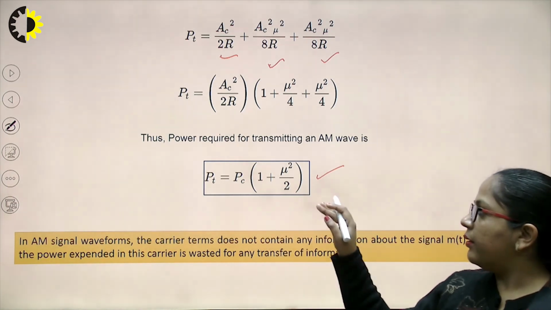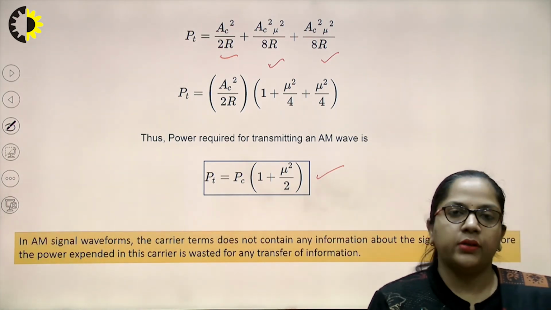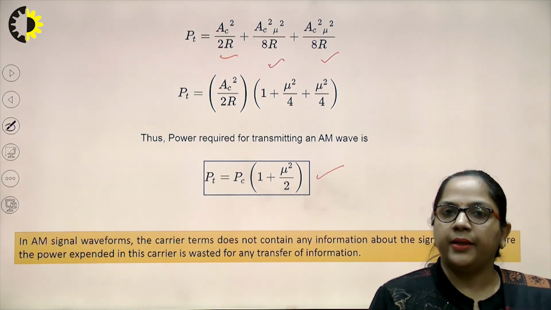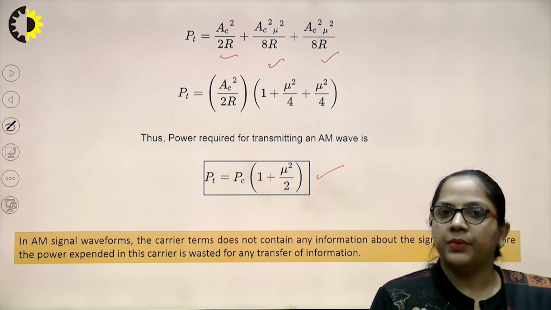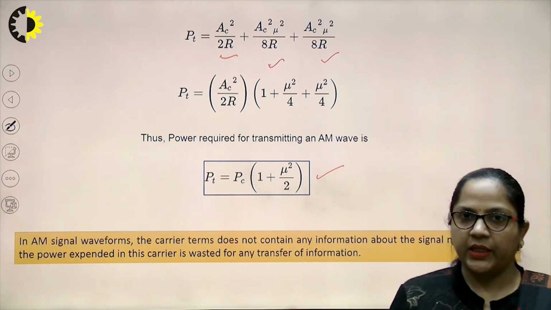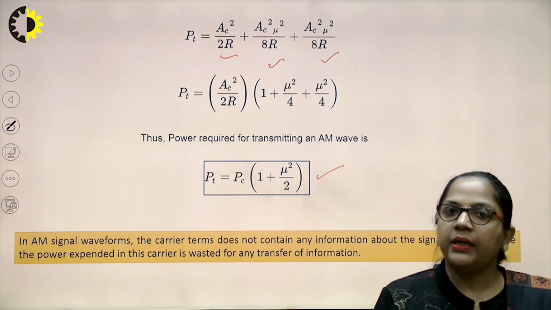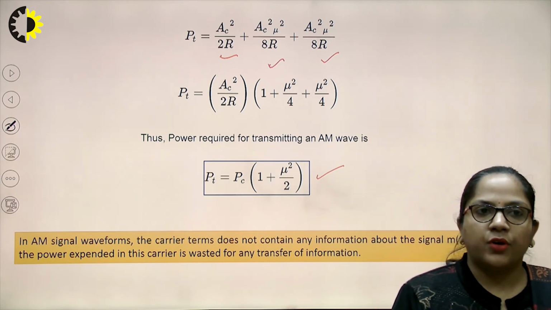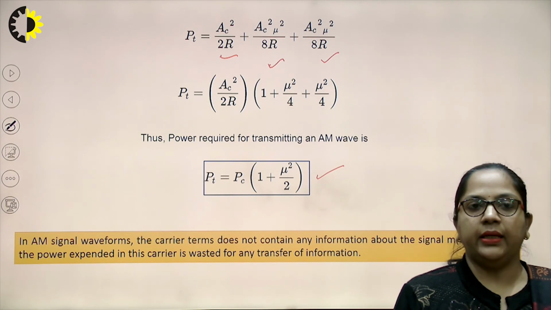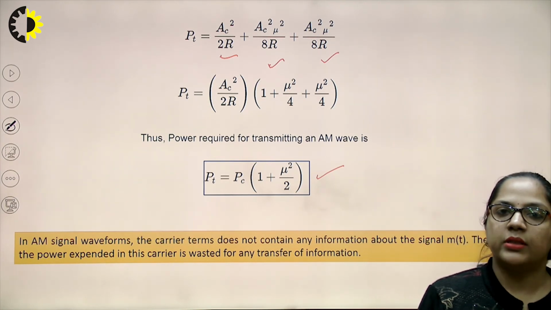Here we can note one point: when we are transmitting an amplitude modulated waveform, we have three parts in our waveform, that is carrier, upper sideband and lower sideband. But in an AM signal waveform, the carrier does not contain any information about the signal.